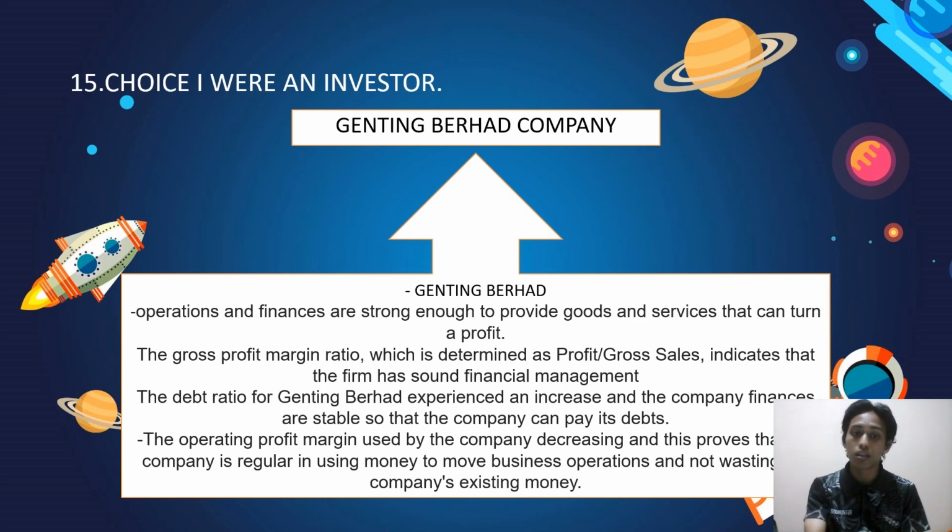The third reason is that the debt ratio for Genting Berhad increased, but the company's finance is stable, so the company can pay in the short term and in the year. The last reason I chose Genting Berhad is that the operating profit margin from 2021 to 2022 decreased, so we can see that the company is not wasting money on operations.